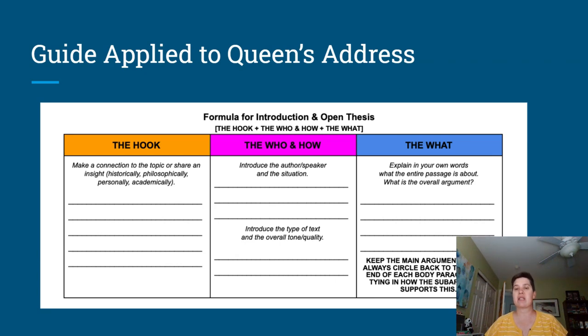This is where focus comes in. You want to make sure that the main argument, the what, is something that is recurring throughout your essay. So make sure that this is how you maintain your focus. You are going to keep circling back to the what.